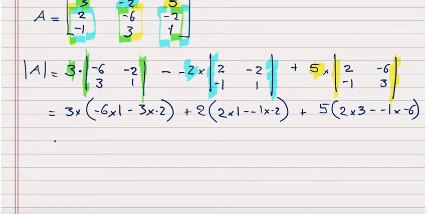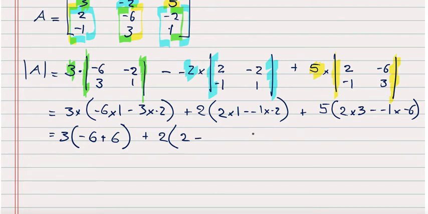Now I've got to be particularly careful not to mix up my negatives or forget anything. So 3 times negative 6 minus plus. So 3 times negative 2 is negative 6. So that will be positive 6 there. Plus 2 times 1 is 2.